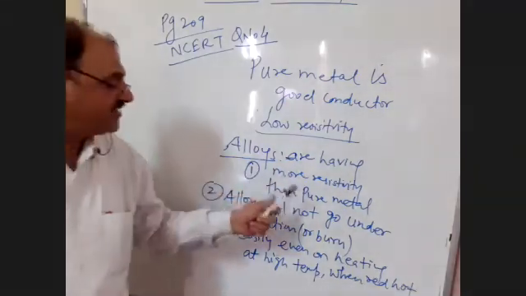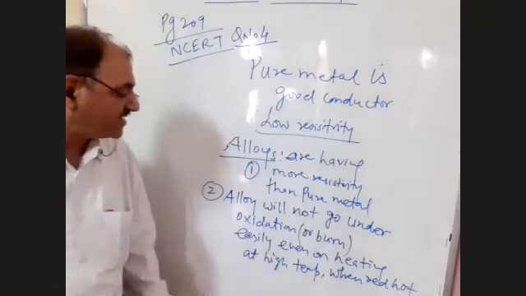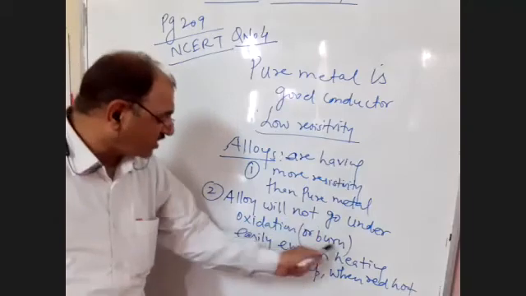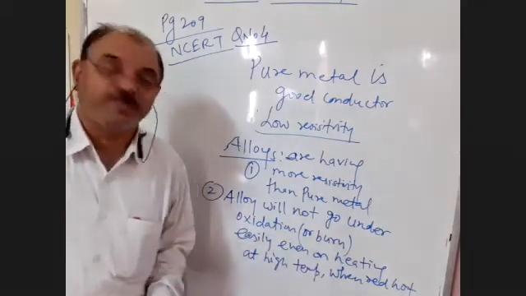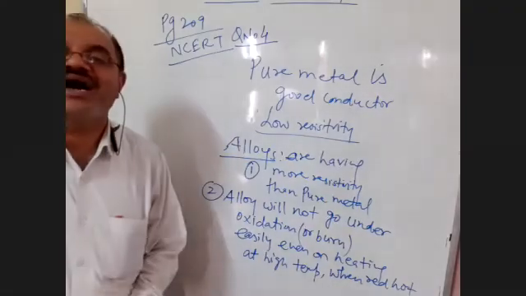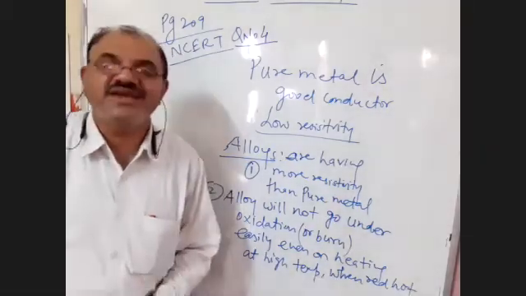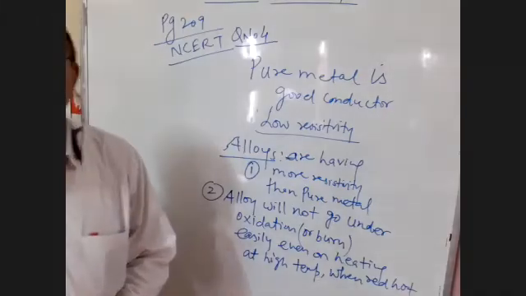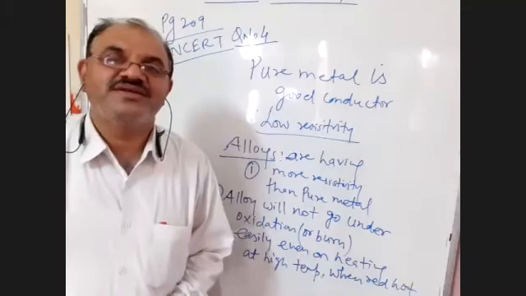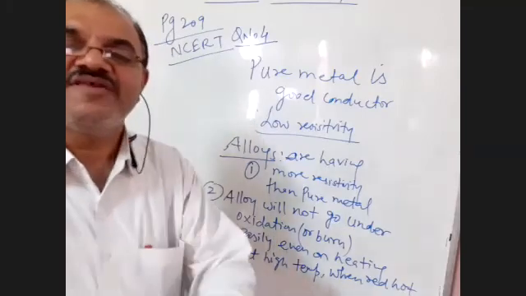Number one, because alloy has more resistivity than the metal. Number two, the alloy will not undergo oxidation or burn easily on heating, even at high temperatures or when it is red hot. That's why we are using alloy rather than pure metal. This is the answer of your question number 4.